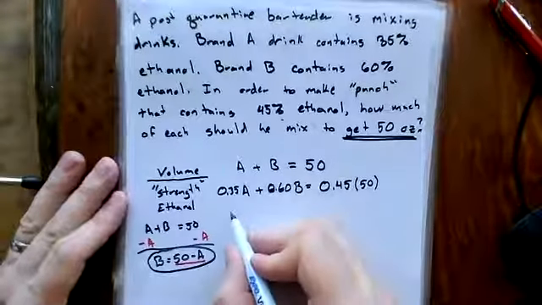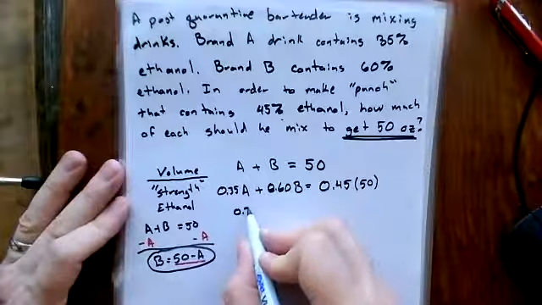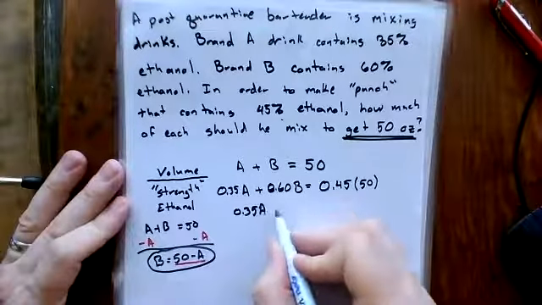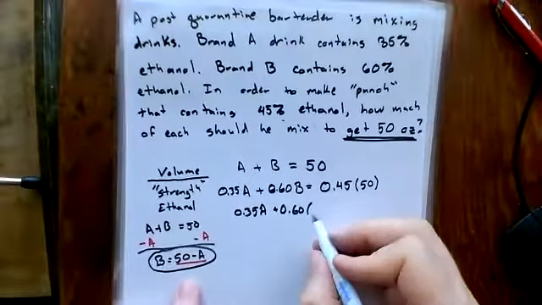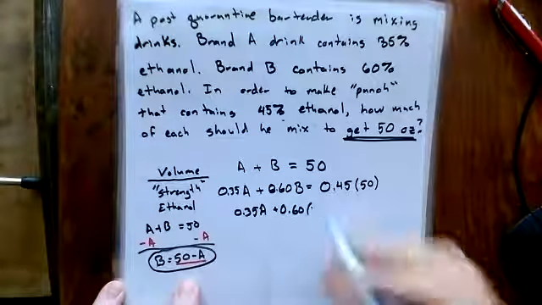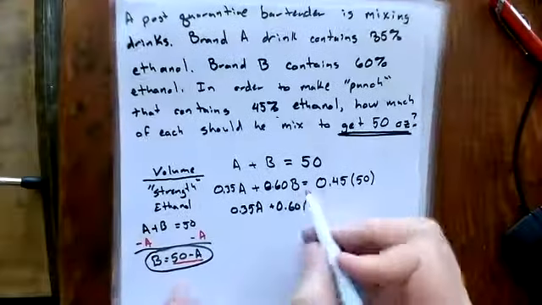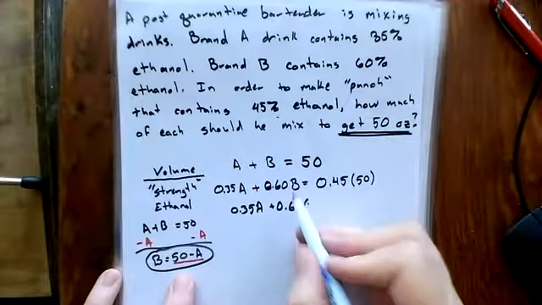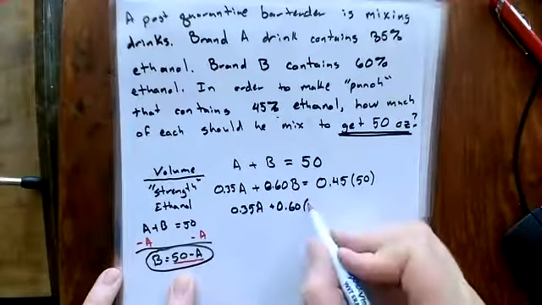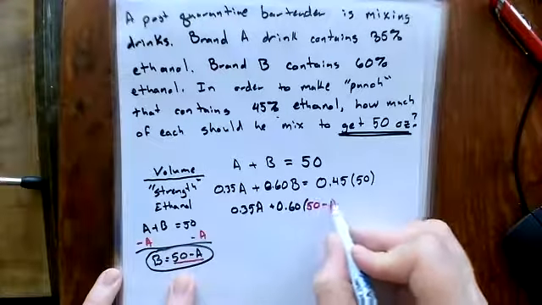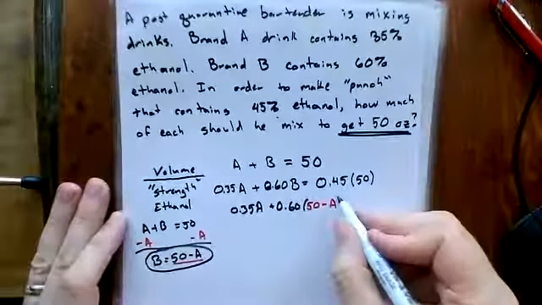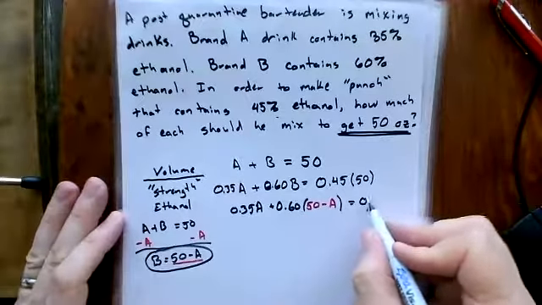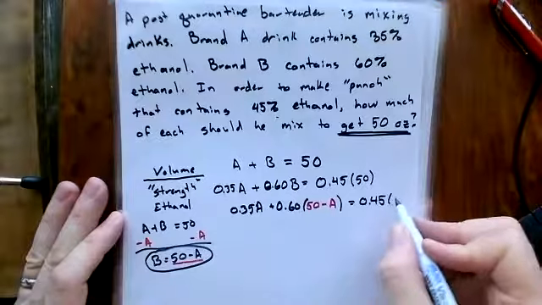So I've got 0.35A plus our 0.60, and now I'm going to multiply that by, substituting that variable B with this expression, 50 minus A. And that's equal to our 0.45 times 50.